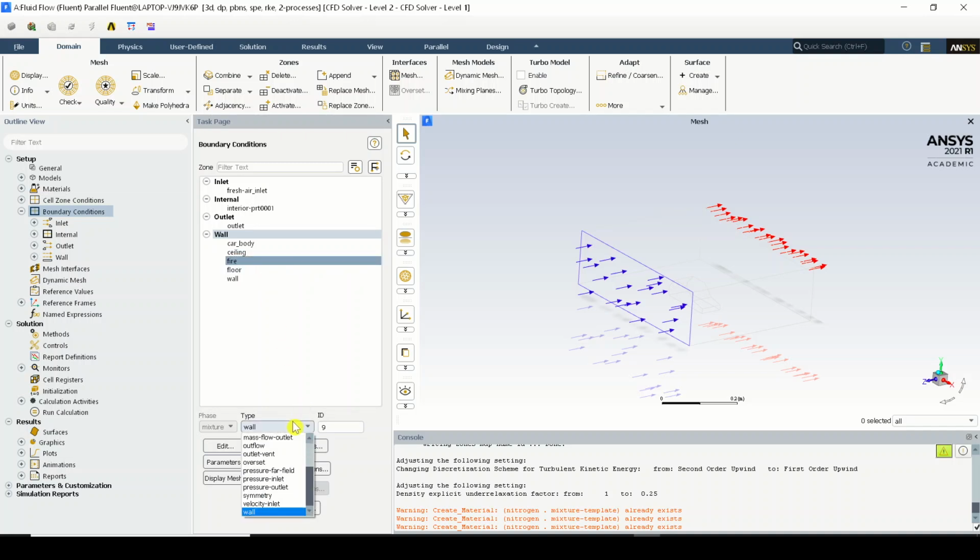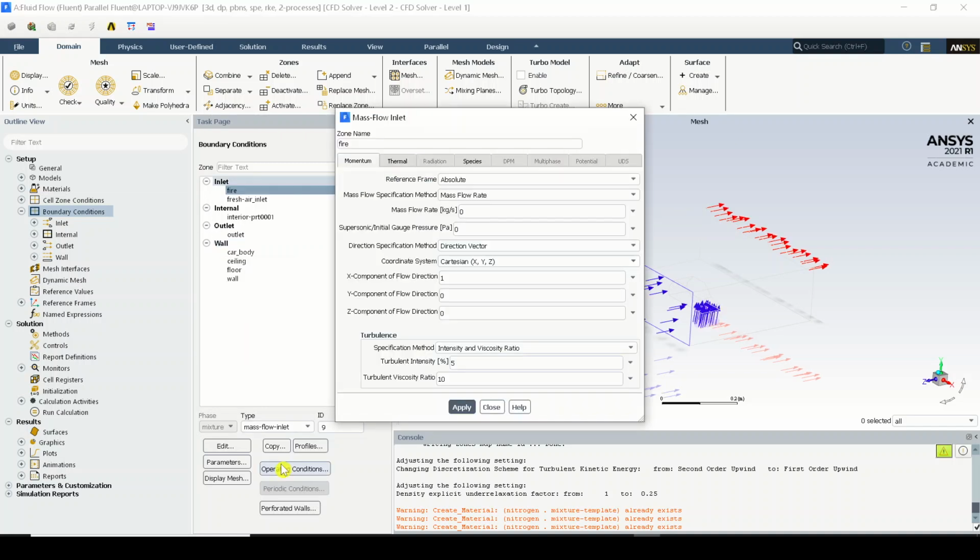So in this kind of cases where species are involved, for most of the time it is really suitable for us to go with mass flow inlet. In mass flow inlet, the important thing we have to enter is the mass flow, that is the amount of mass per second which is coming out from the boundary, in kg per second. Clear? And the direction of that particular mass, I will choose it as normal to the boundary.